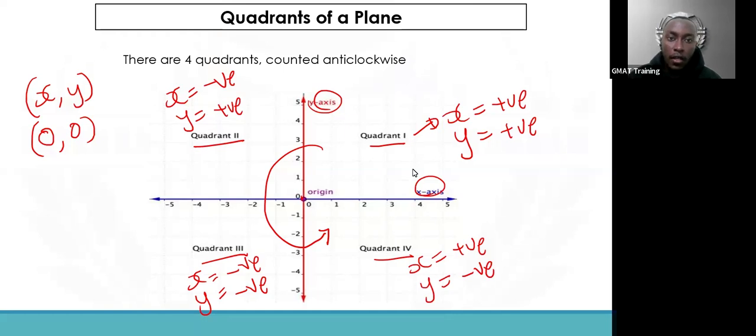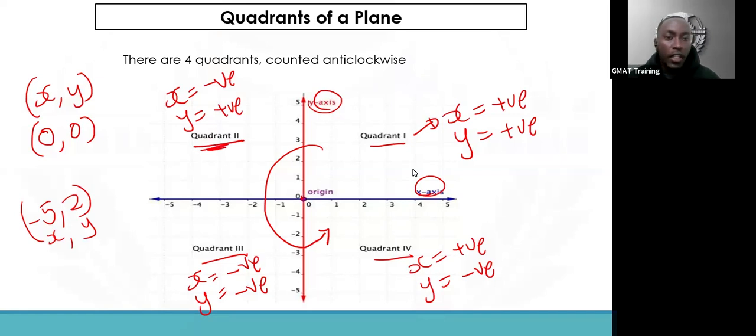So depending on the point, you'll just know if it's in quadrant 1, 2, 3, or quadrant 4. So suppose it's -5, 2. What about this point? The x value is negative and the y value is positive. That's quadrant 2.